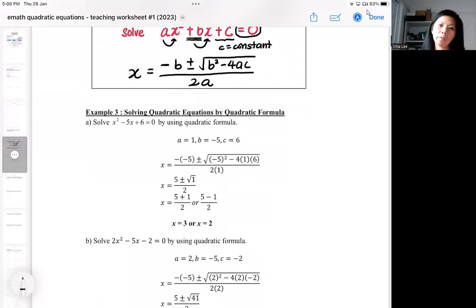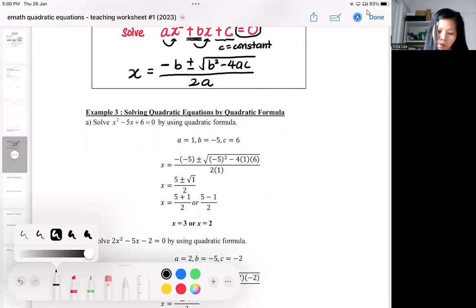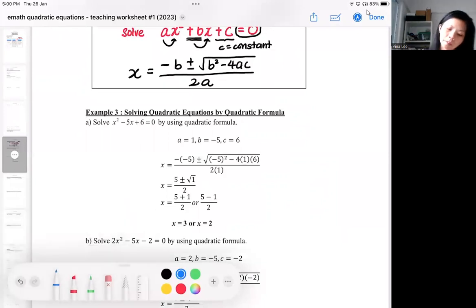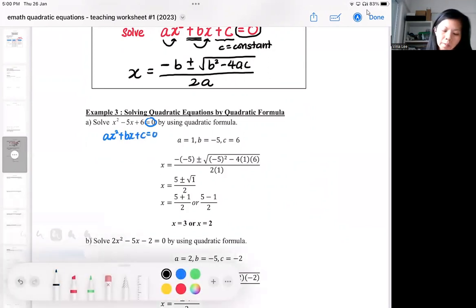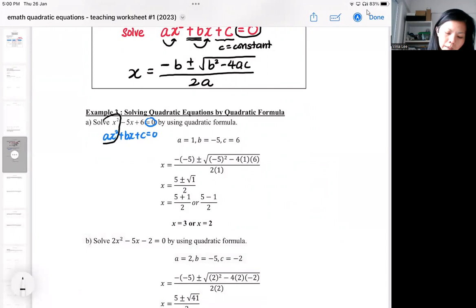If I want to solve a quadratic equation, this is what I will do. I make sure that there is an equal to 0. And then usually I will do something like this, to make sure that I got my A correct.